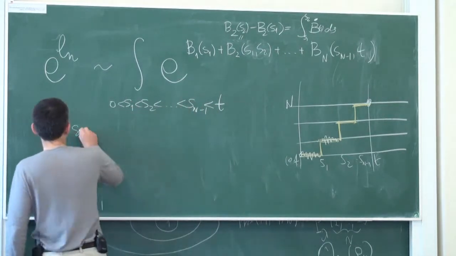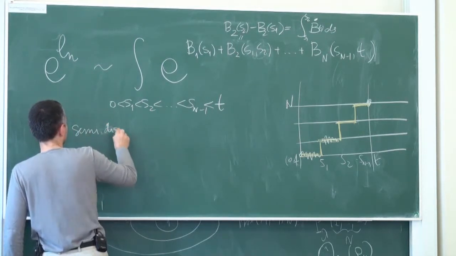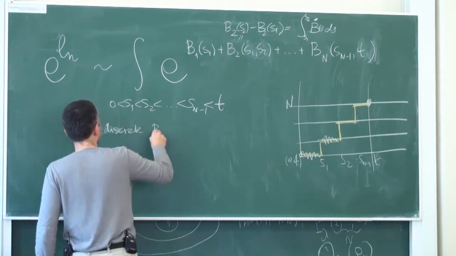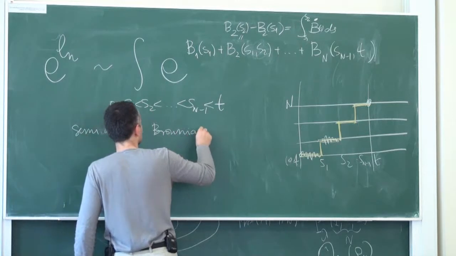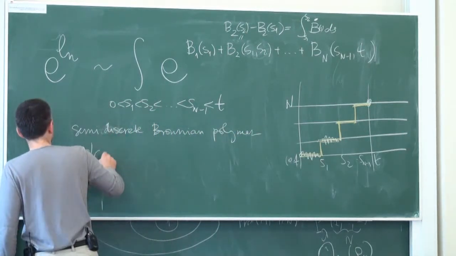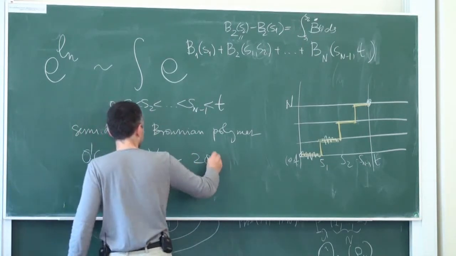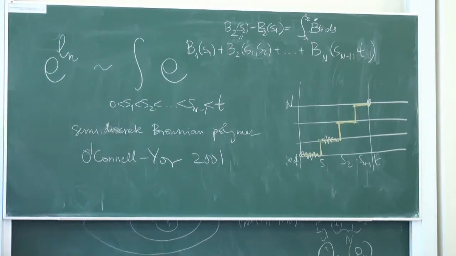Now this is called semi-discrete Brownian polymer. For the first time it was introduced by O'Connell and Yor in 2001, and sometimes people call it the O'Connell-Yor polymer.